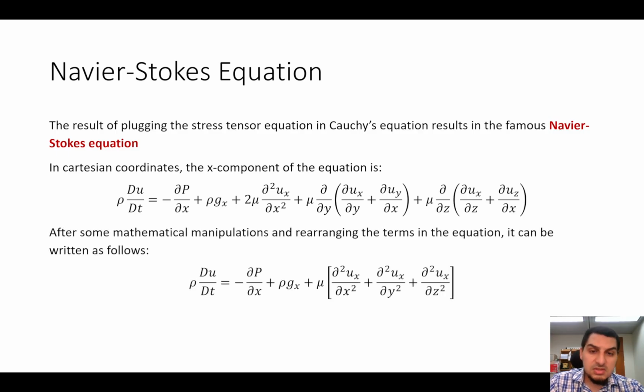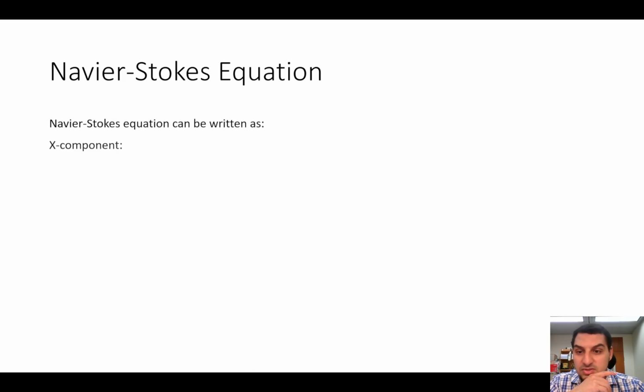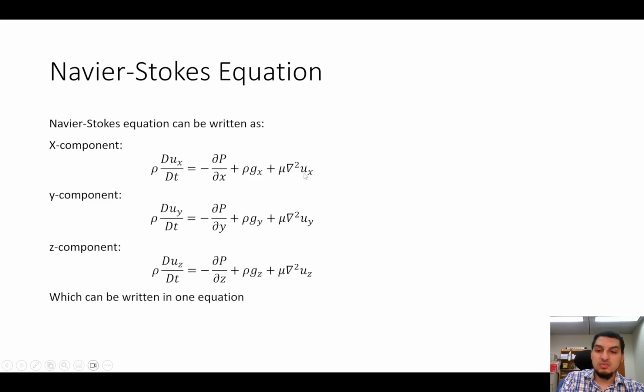So just to make this long story short, this is the shape of the Navier Stokes equation. We have the total derivative times rho equals negative dp by dx plus rho gx plus mu times the del 2 ux. This is the x component, y component, and z component, and it can be written as one equation like this.